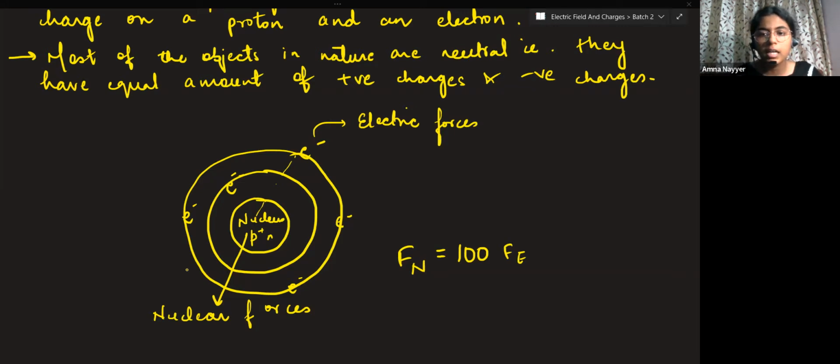Now tell me. Okay, Hiba, you tell me. If nuclear force is so much stronger than the electric force, should the electron come out easily or the proton? You can even write the answer if you are uncomfortable opening your mic.